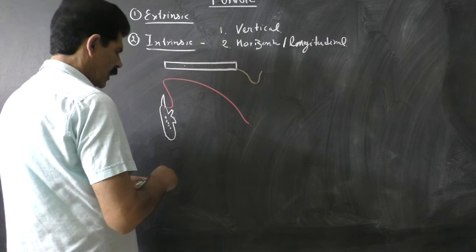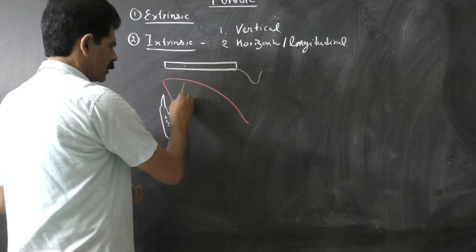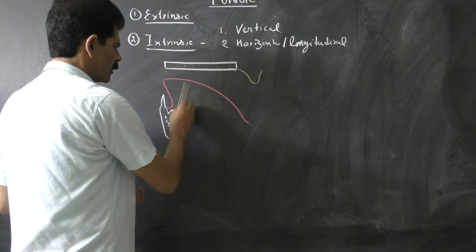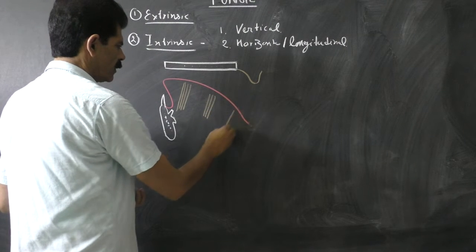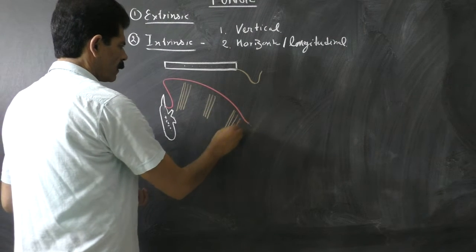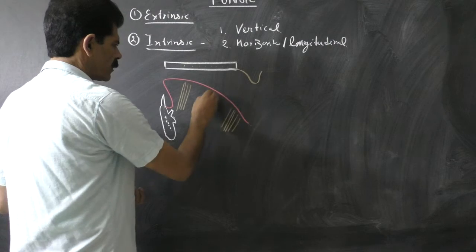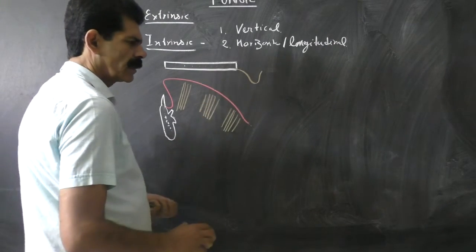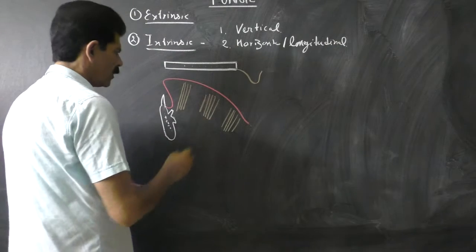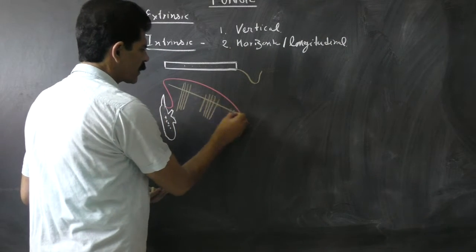The vertical muscles, as the name suggests, are vertically arranged in the anterior, middle as well as the base of the tongue. The contraction of these muscles depresses the tongue. It makes the tongue go to a downward position.